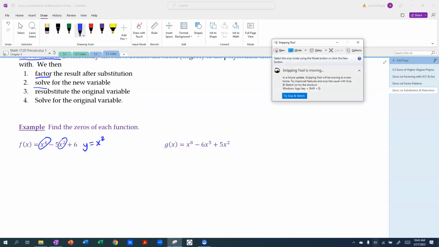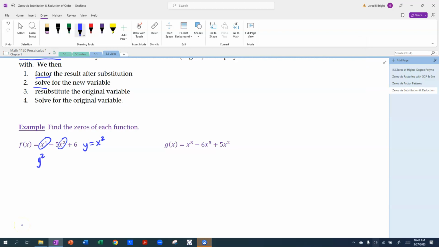And so then I get the polynomial y squared, this is really x squared, minus 5y plus 6, and I'm still finding where this is equal to 0. So I factor the result after substitution. This is going to be y minus 2, y minus 3 is equal to 0. So y is equal to 2, y is equal to 3.